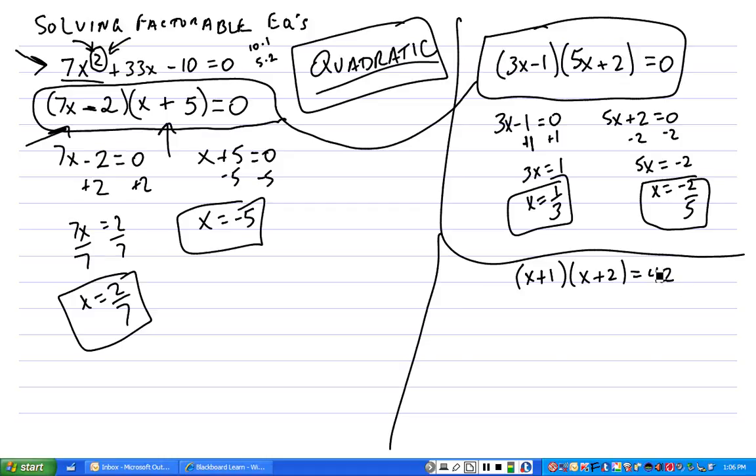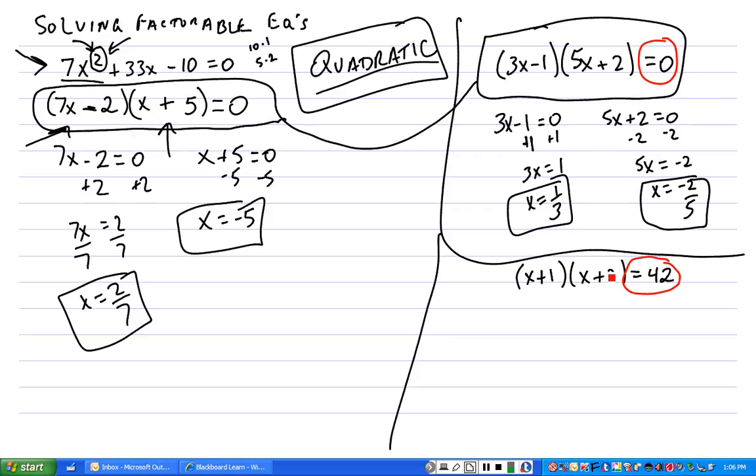Now this problem, you may say, is similar to this problem, so you want to just say x plus 1 equals 0 and x plus 2 equals 0. But the difference between these two problems is right here. This problem equals 0, this problem equals 42.